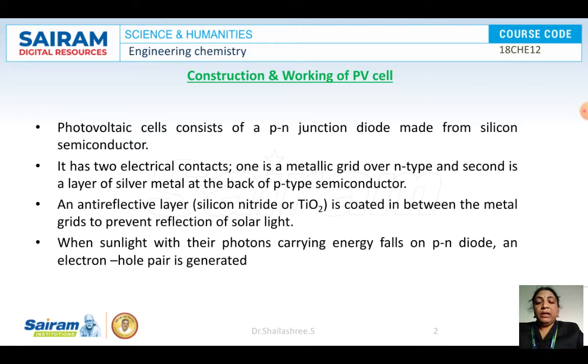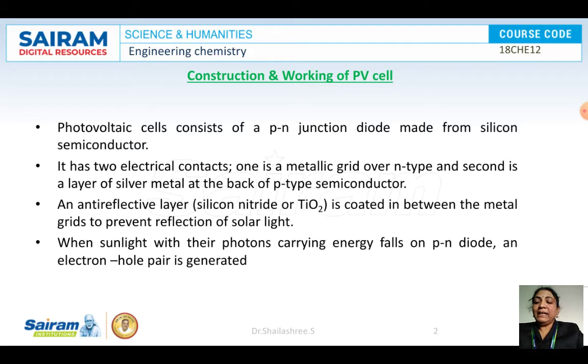So there are two metal layers, and they are both externally connected to a device like a battery. There is also an anti-reflective layer, generally made of silicon nitride or TiO2, coated in between the metal grids. It prevents the reflection of sunlight and makes more sunlight fall on the PN junction to produce more solar energy.